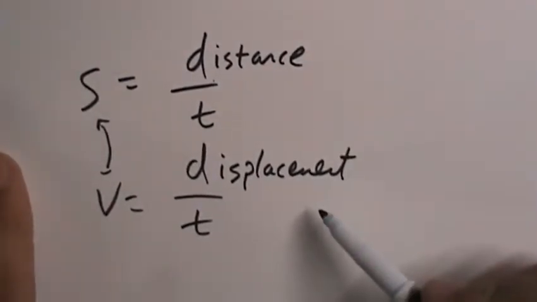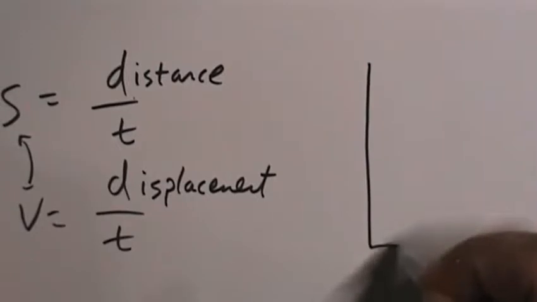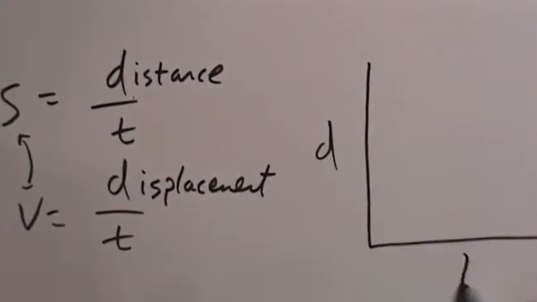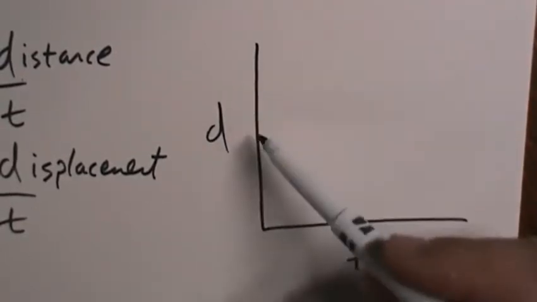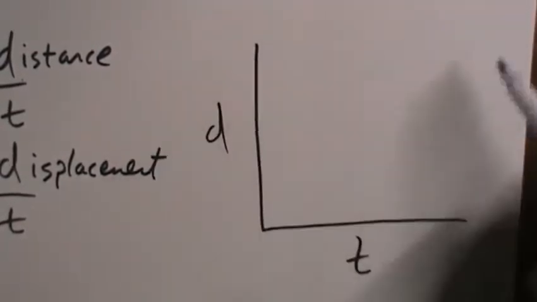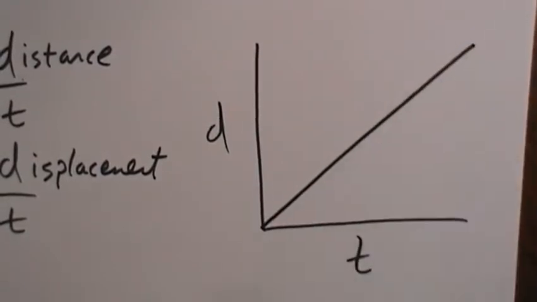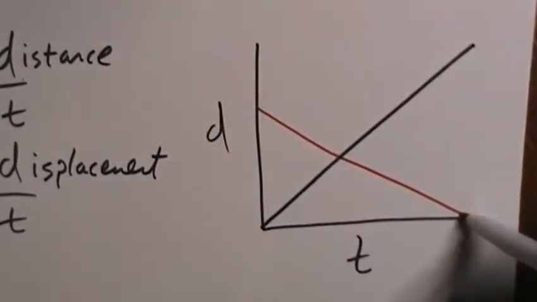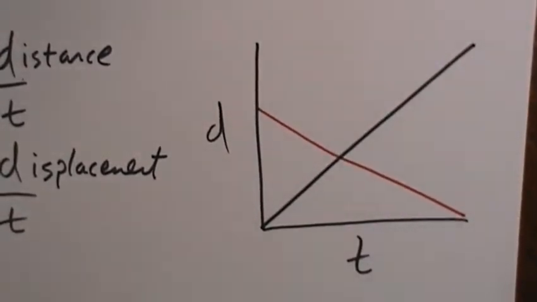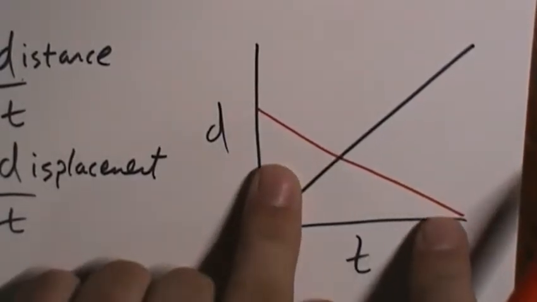Practically speaking, if you're given a graph, a d-t graph, a distance-time graph, they will confuse these two things. And you could have, let me use a different color here, two different slopes, one being positive and one being negative, and they're going to ask you what's the difference between these two.